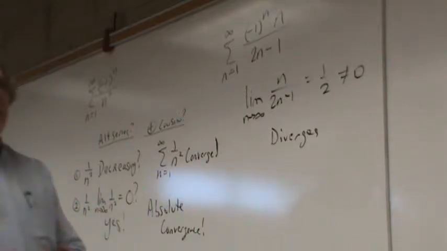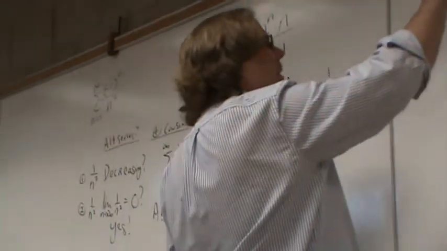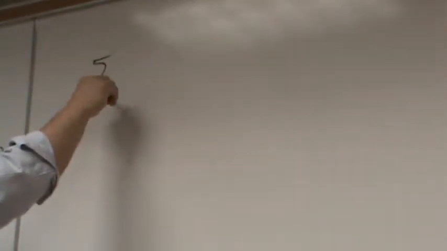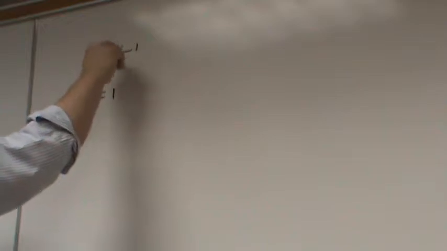Okay, great. Hey, here's the last one. The classic term. I give you 30 seconds, okay? -1 to the n power over n. Is that conditionally convergent, absolutely convergent, or does it diverge?